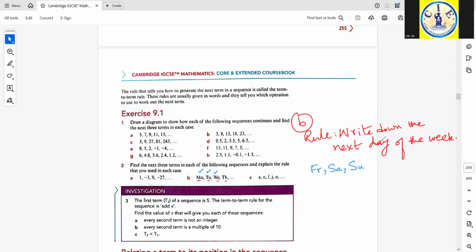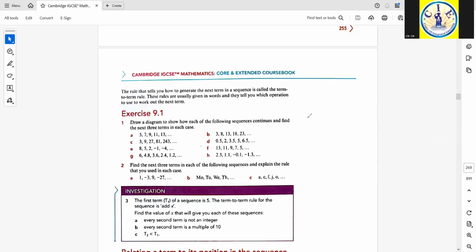Okay. For part C, A, C, F, J, and O. Okay, let's see what is the pattern that is being followed in this case.